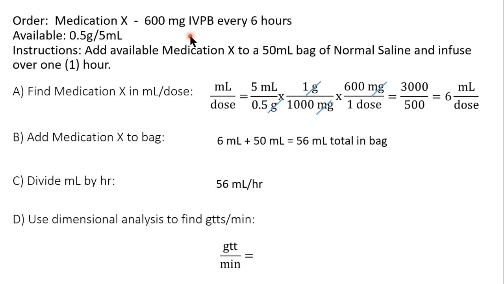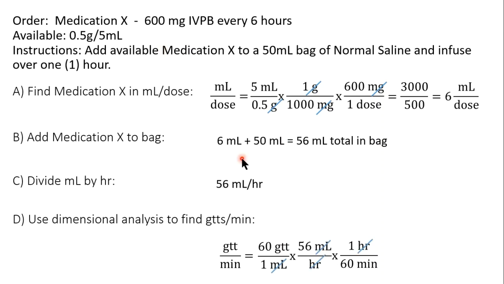And now we want to find drops per minute. So we want drops and we have milliliters. So we use a conversion rate of 60 drops per milliliter times 56 milliliters per hour. We want it in terms of minutes. So we multiply times 1 hour over 60 minutes. Milliliters cancel out, hours cancel out.